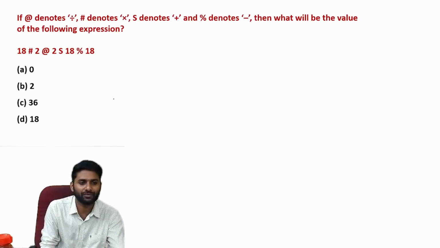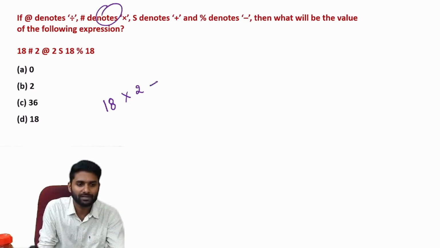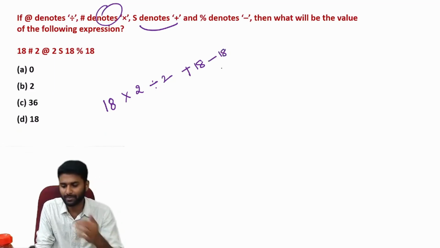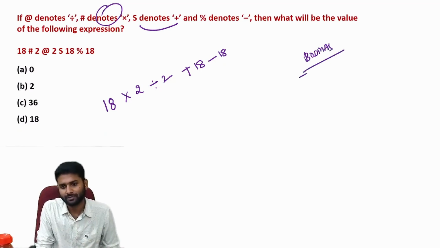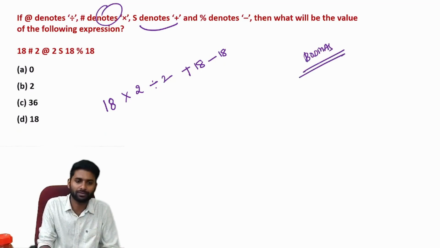What will be the value of the following expression? 18 ash 2 at the rate 2 s 1 percentage 1. According to mathematics, you should follow the BODMAS rule to simplify any expression.